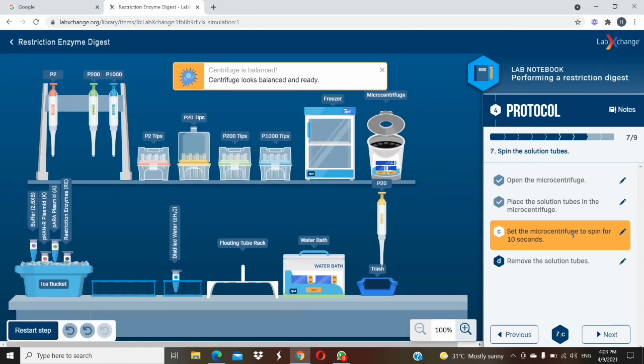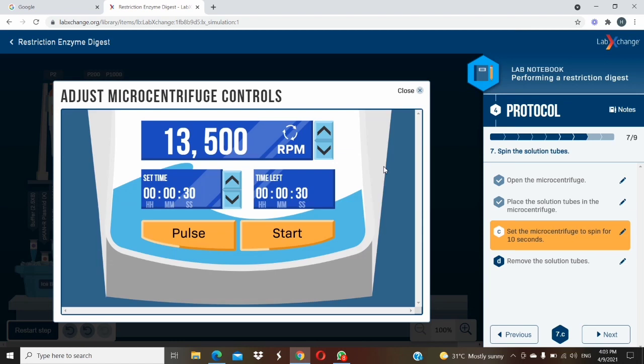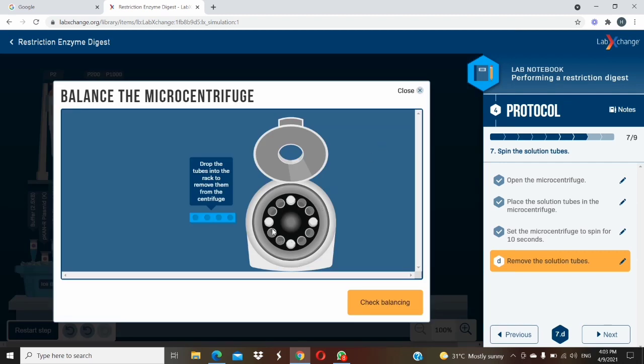And then set the microcentrifuge to spin for 10 seconds. Close it. Just for 10 seconds. Start. Okay. Then remove the solution tubes and keep them in the rack.